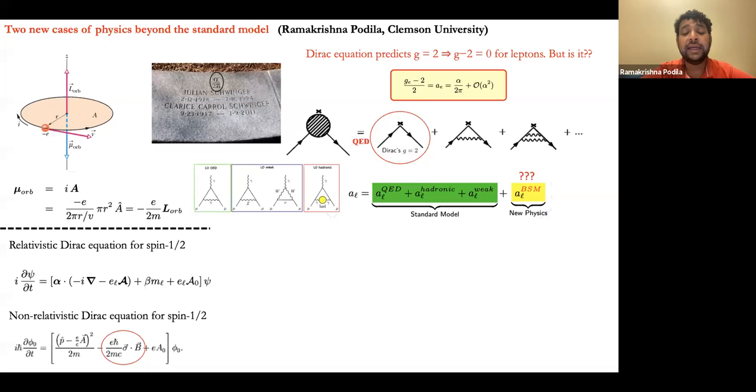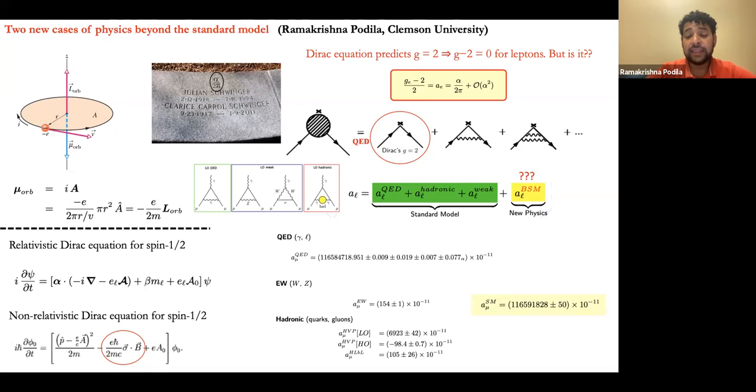And so I have taken some of the calculated values from this paper here, and then you can combine all these three parts, and then you get this. So here a_l denotes the lepton. So here we're calculating for a muon, and one might wonder, why did we choose muons instead of electrons or other leptons?